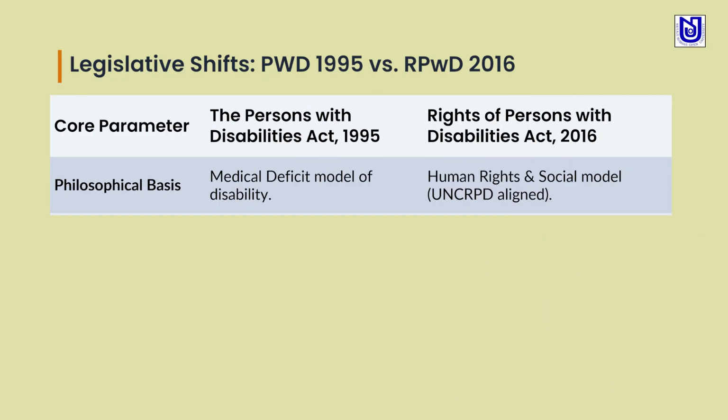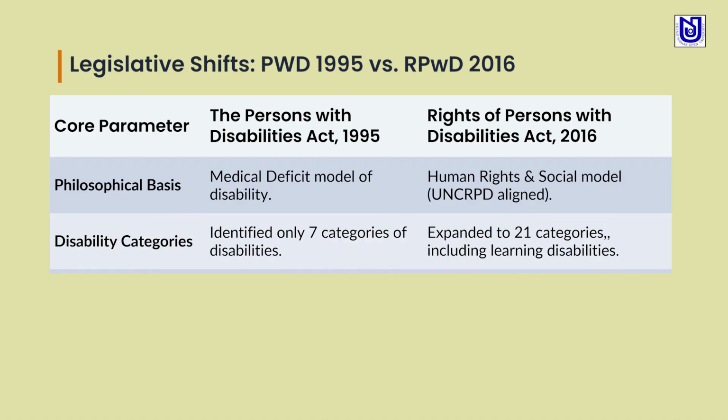The former focused mostly on the medical deficits of disability, whereas the RPWD focused on human rights and the social model, which is aligned with the UN CRPD. Whereas the Persons with Disabilities Act identified only 7 categories of disability, the Rights of Persons with Disabilities Act expanded this to 21 categories including learning disabilities.